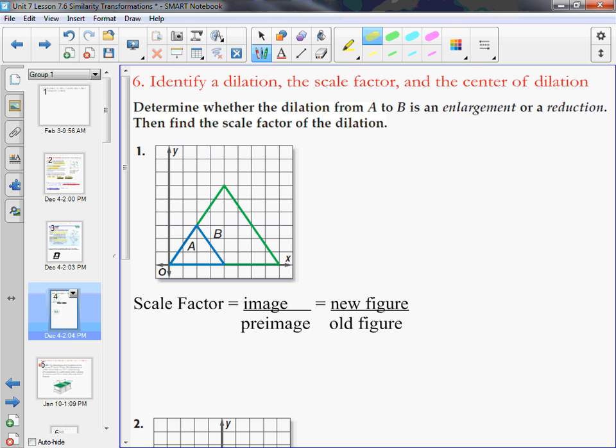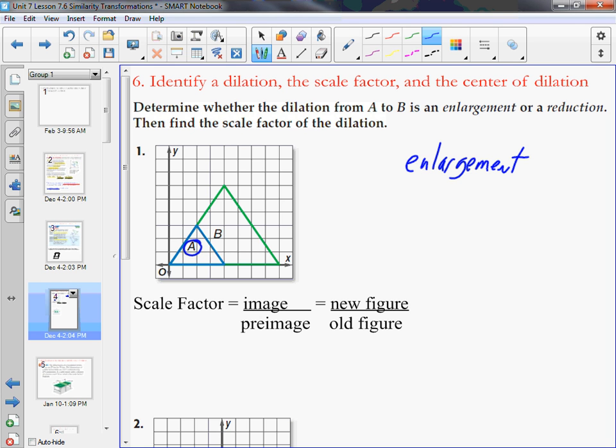When they say it's from A, that means A is the original figure. Okay? So the blue triangle is the original one. The green one is the new one. So, is the green triangle larger or smaller than the blue one? It's larger, so our first answer is that this is an enlargement.